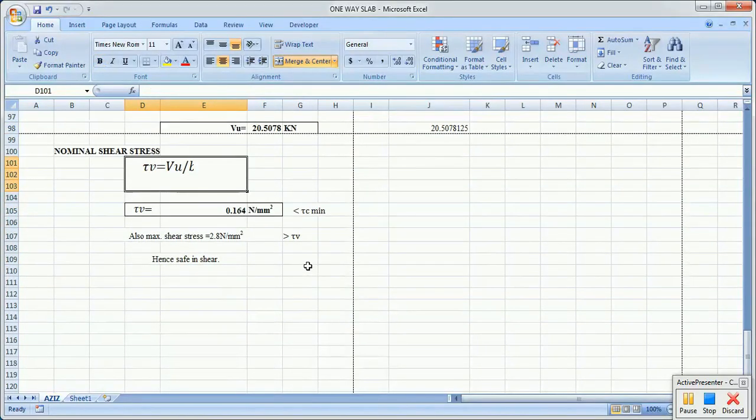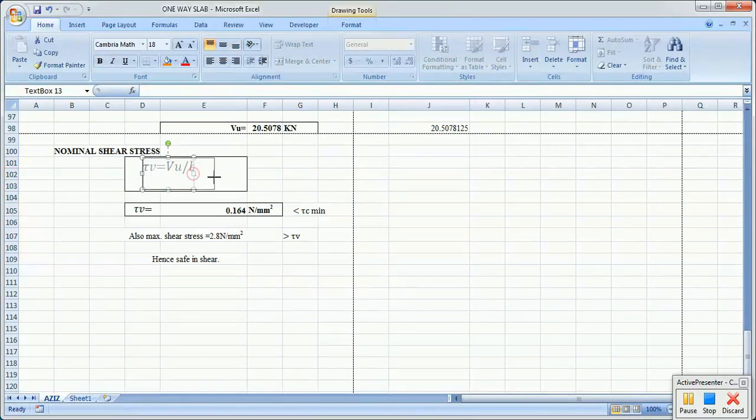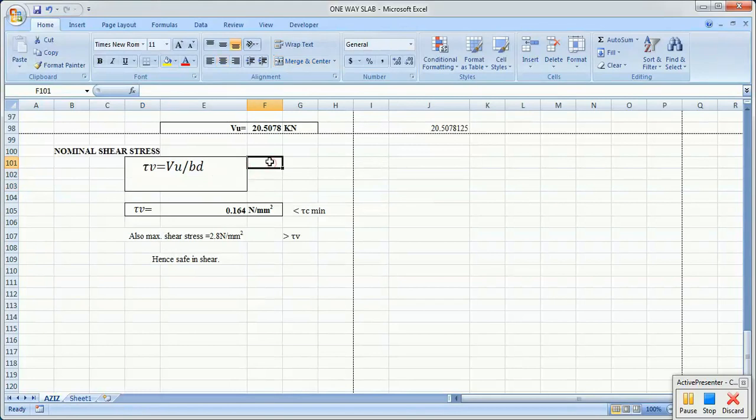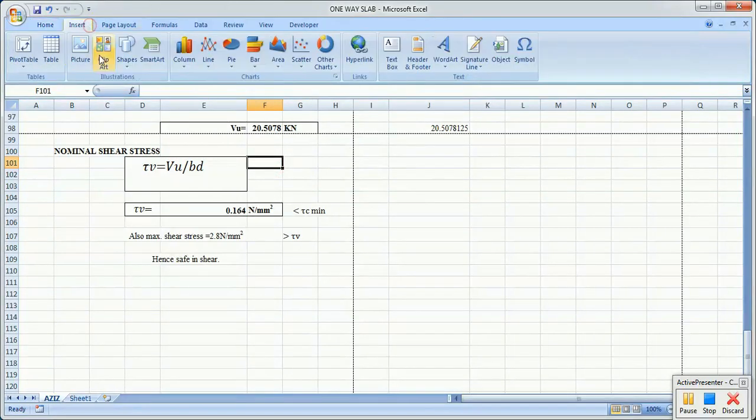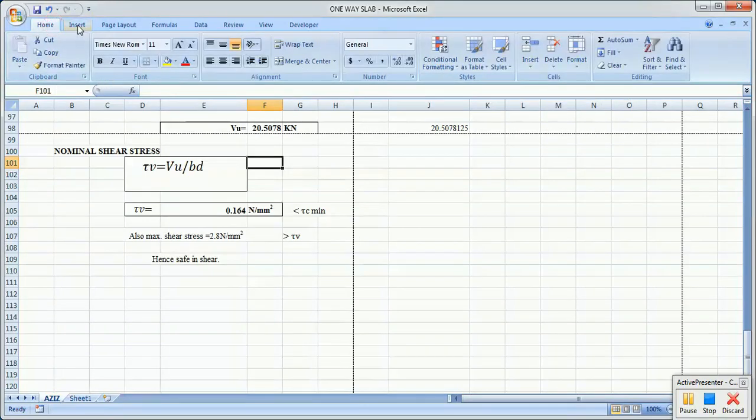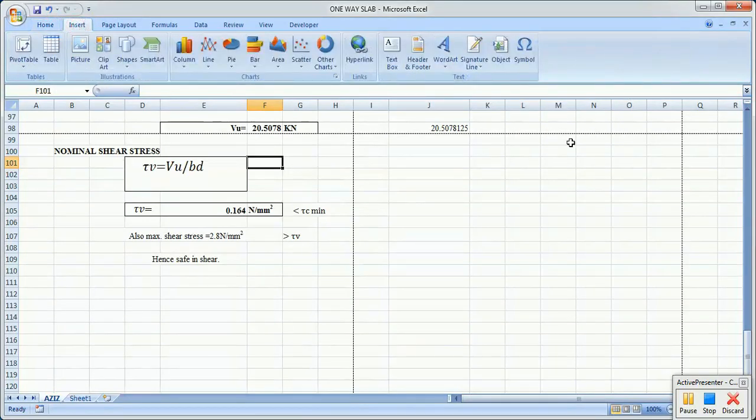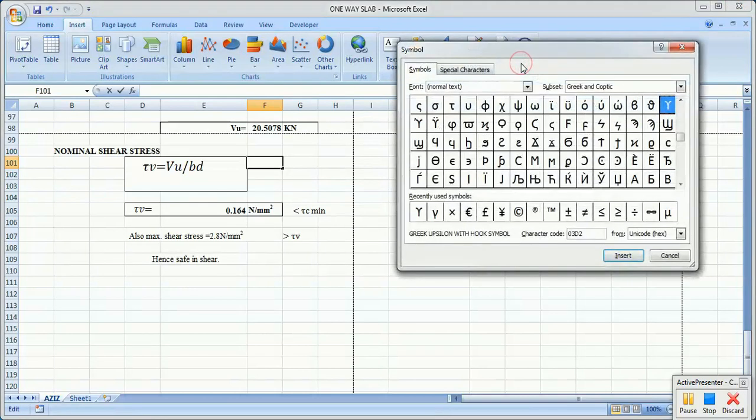Vu by BD. This is also not required if you are not able to write it. You can insert the tau symbol from the insert option. You can go to the insert option, and there you can insert symbols.